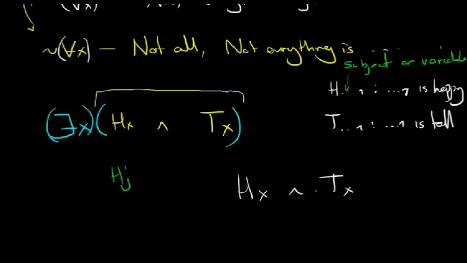This doesn't make any sense because x is a variable, but we don't know how it's being applied here. This could mean everything is happy and tall, or it could mean there's something that's happy and tall. It could mean there's nothing that's happy and tall. How we quantify over the x, how we bind this x, is going to determine what the sentence comes out as.